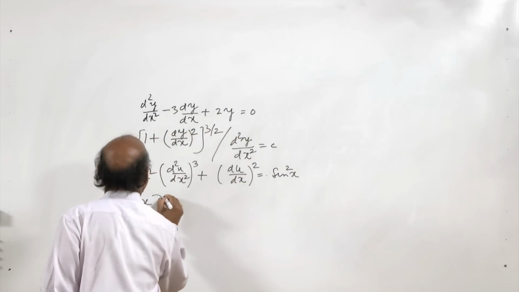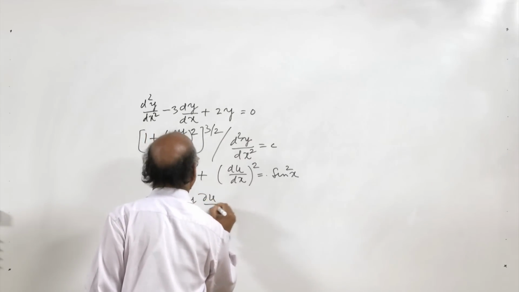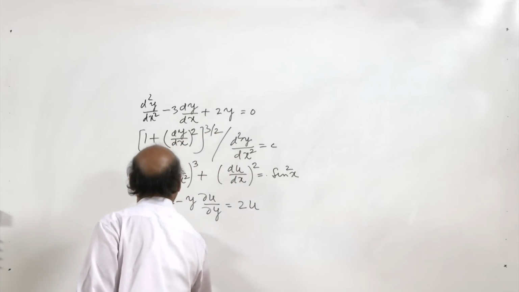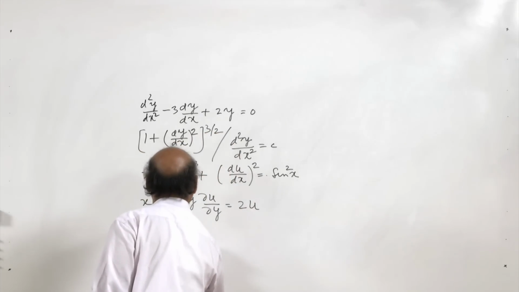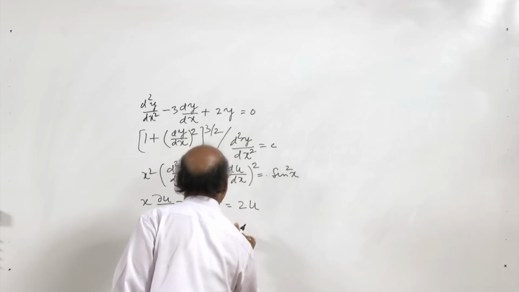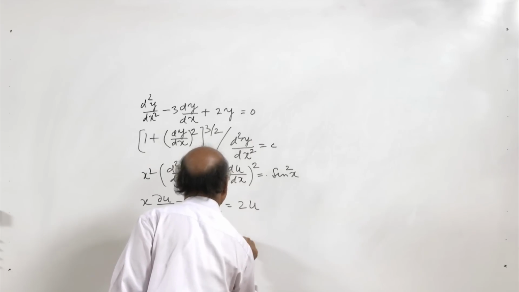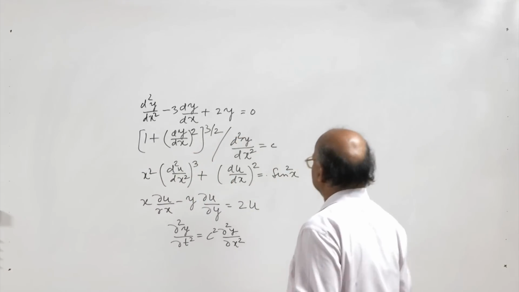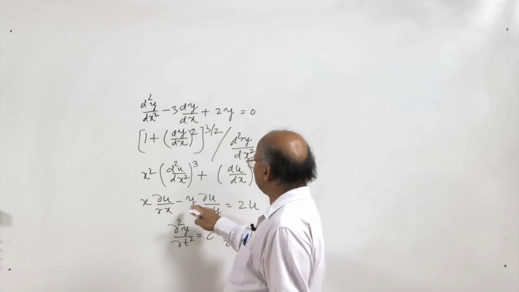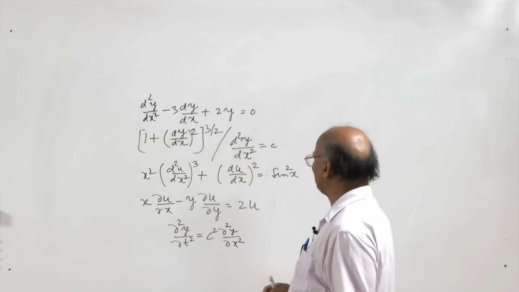Let us look at these differential equations. Now, these equations involve partial derivatives of an unknown function u with respect to x and y, and of an unknown function y with respect to x and t.